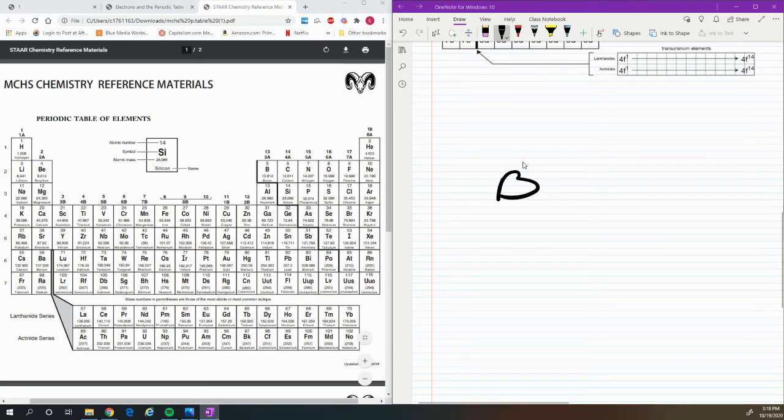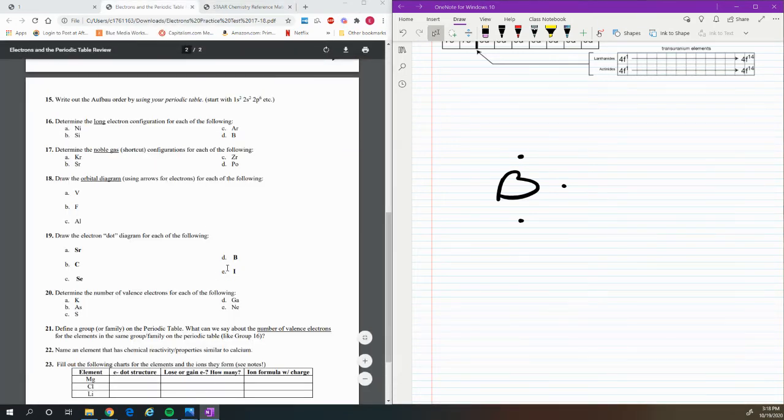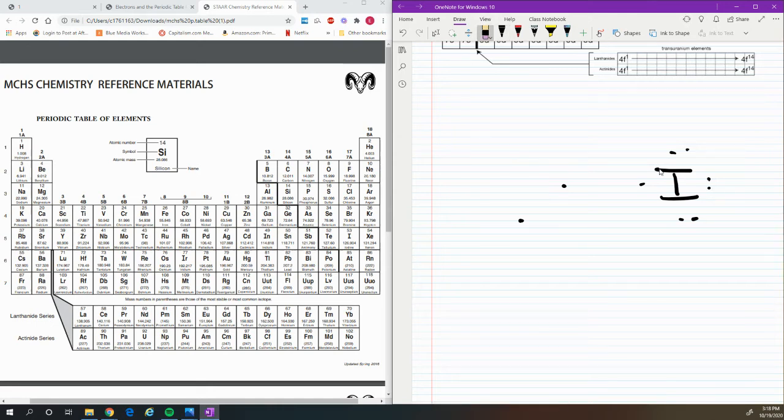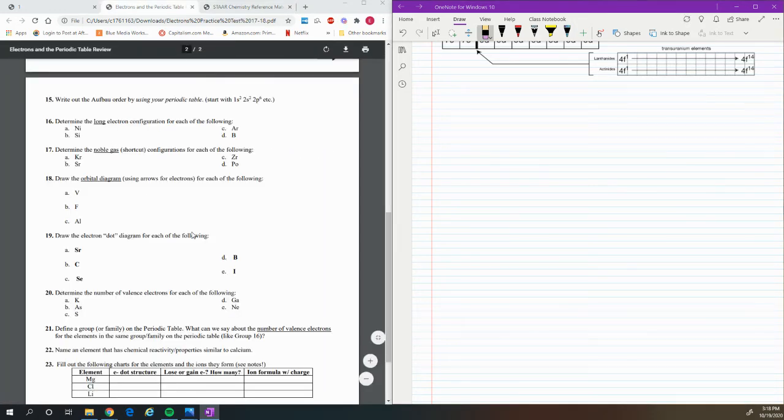Group 13 has 3 valence electrons, so I'm just going to make sure to draw 1, 2, 3 dots around it. And that's pretty much it. That's how easy it is. Iodine, find it. It's in group 17. So that's going to have 1, 2, 3, 4, 5, 6, 7. It's that easy. And that's as much as I'll cover from that. Let's go to the next set of questions.